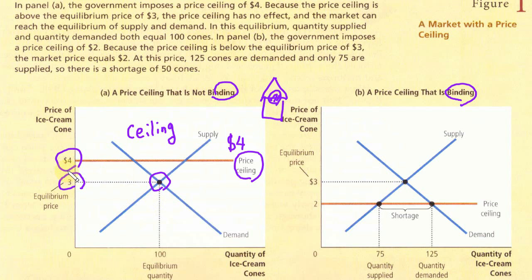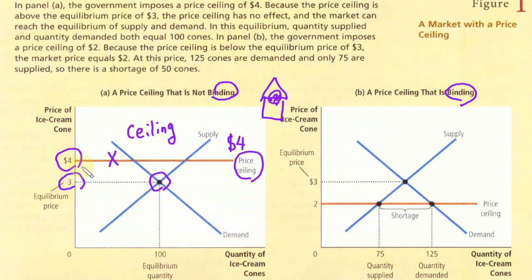So the ceiling price is meaningless. Why? Because in the market, the price is determined at $3. So the $4 ceiling is meaningless because the market price does not reach up to $4.